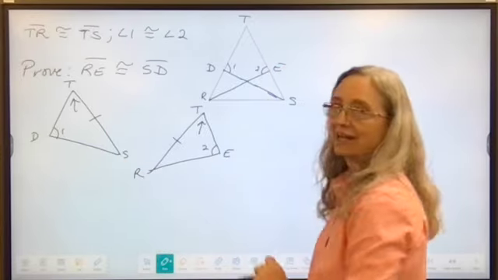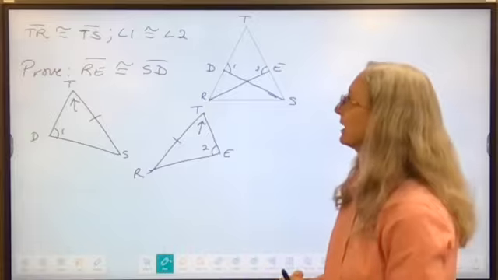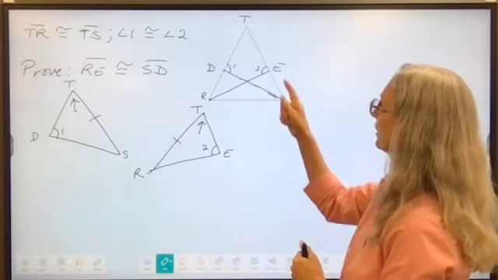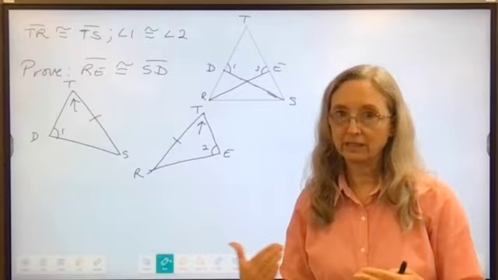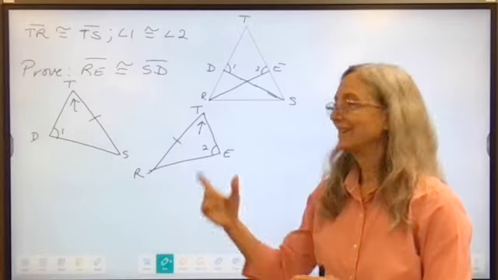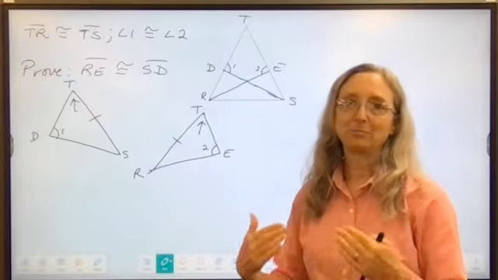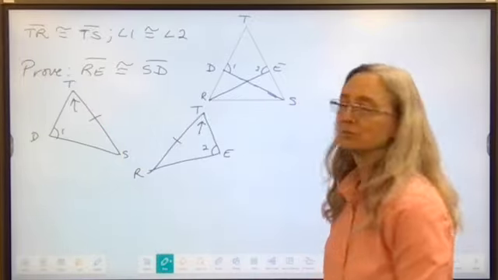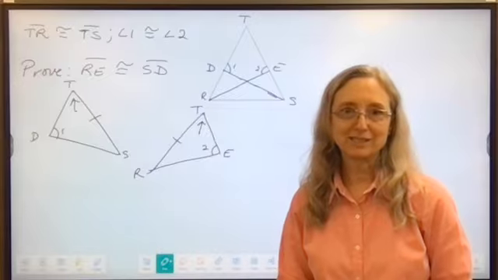Now you can say triangle DTE is congruent to triangle ETR in any corresponding order by angle, angle, side. And because of that, now you can say RE is congruent to SD by CPCTC.